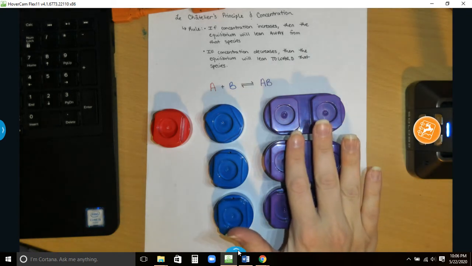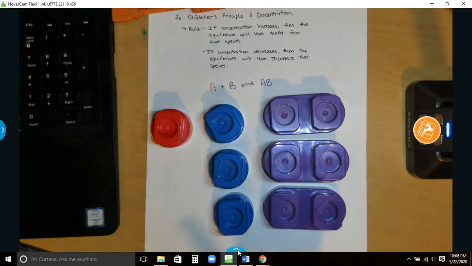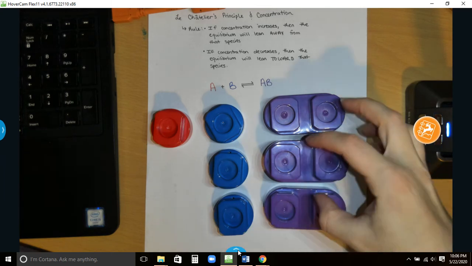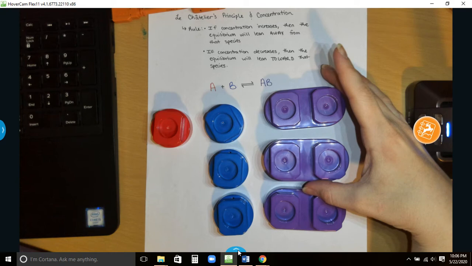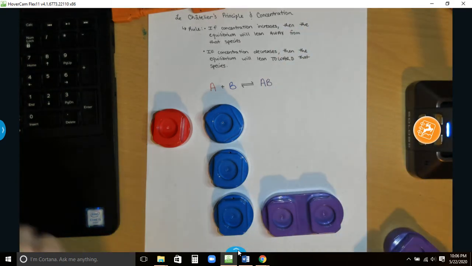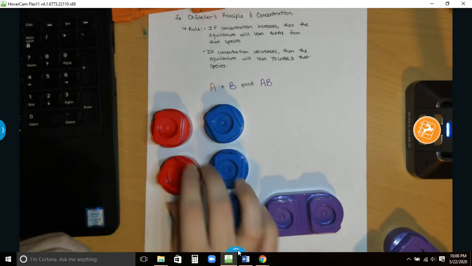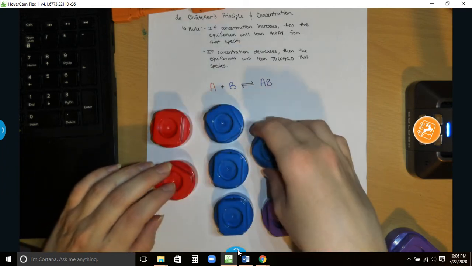But over here, where the purple blocks are, this side of the chemical reaction is functioning the same way that it did originally. There's no difference. AB, purple AB, is going to collide together with each other. When they collide together with each other, we have individual A's and individual B's created.